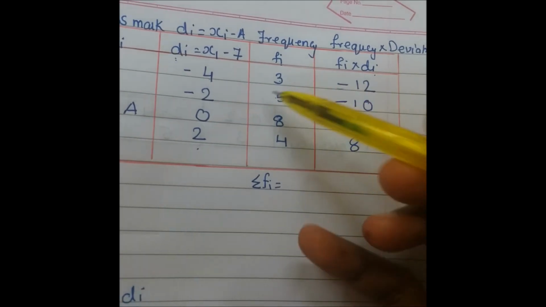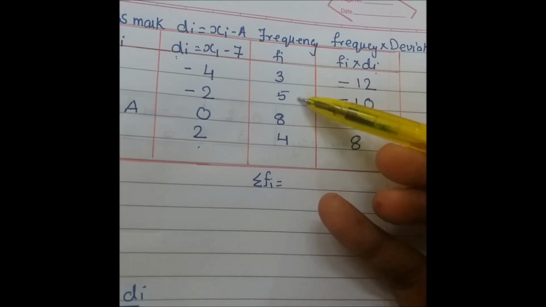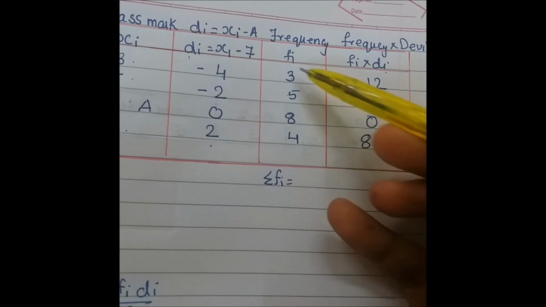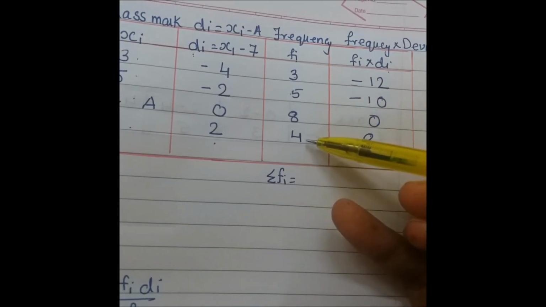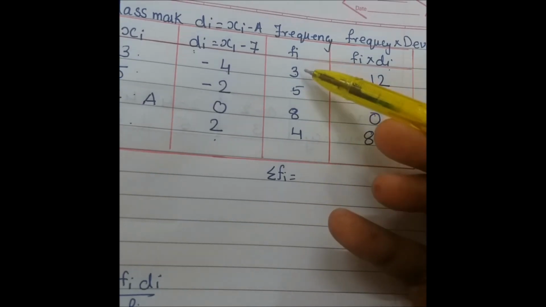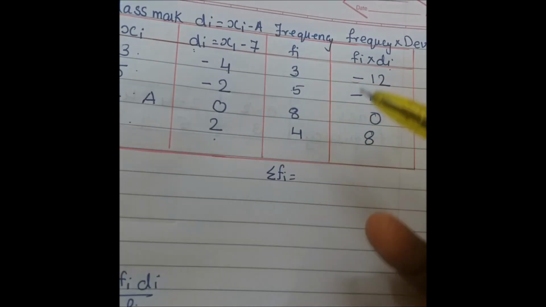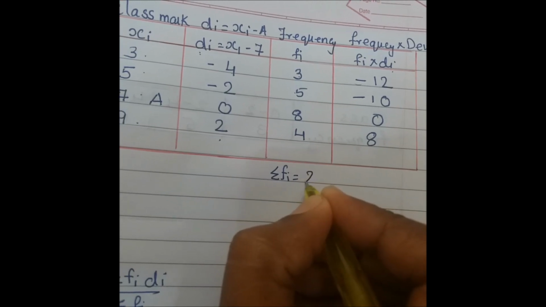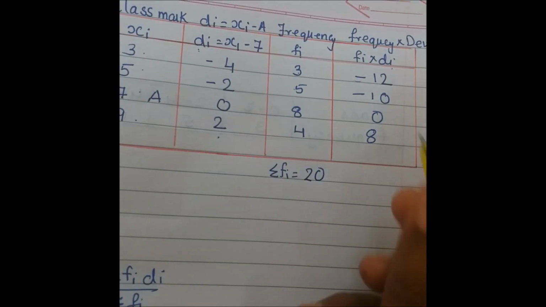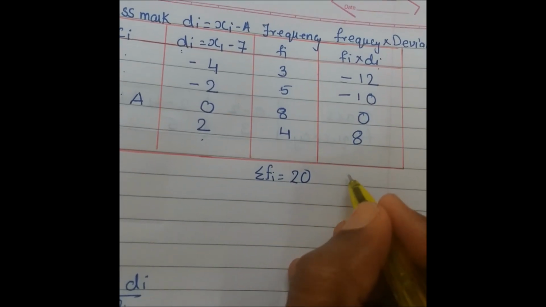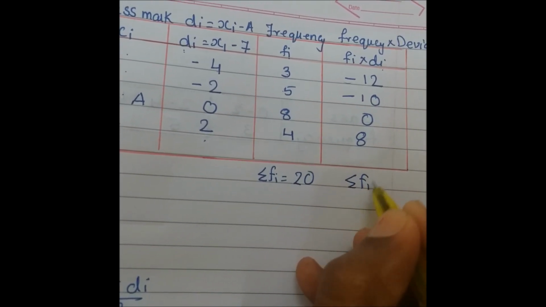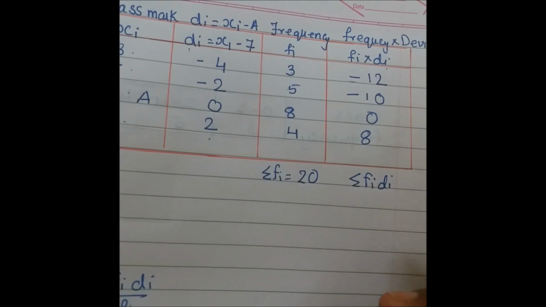Your class mark, your di, your frequency, and the last column is frequency into deviation. Now we have to do the sum of the frequency, that is sum of fi. 3 plus 5 plus 8 plus 4 is equal to 20. We also have to sum up fi into di.